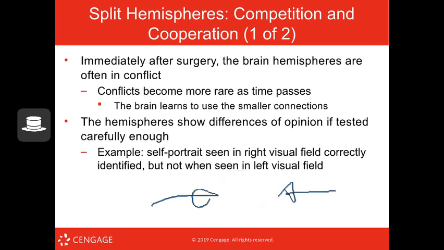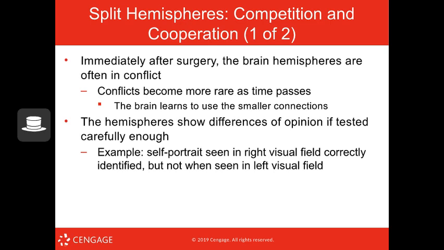The two hands might bump into each other, or there might be other issues because they just don't have that ability to communicate. But there's less conflict as time passes because the brain learns to use the commissures, right? It learns to use those smaller connections.